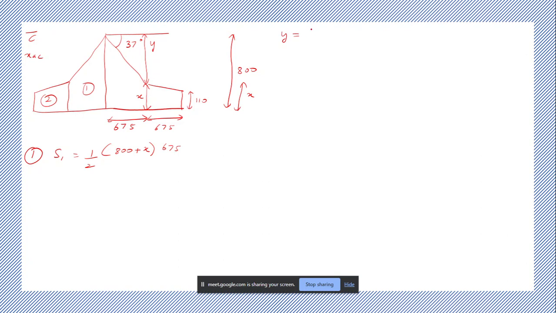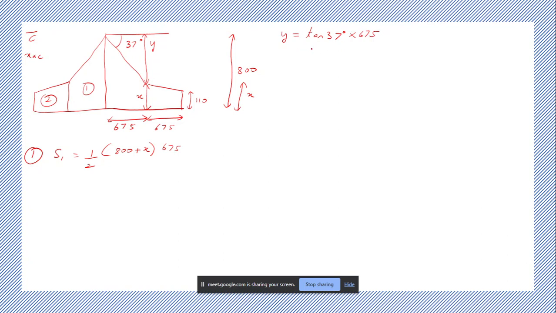Okay, but how do you find out this y and x? Exactly. Tan of 37. Did you understand that? It's not just tan of 37, it's tan of 37 into 675.